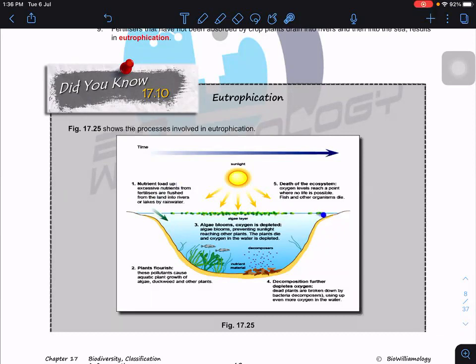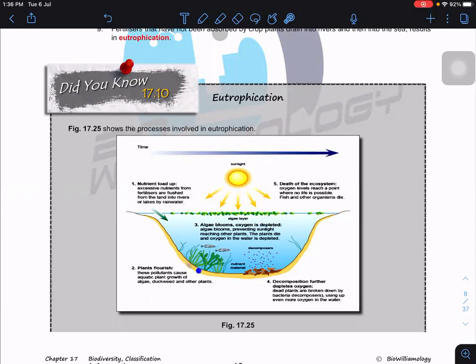This algae is going to cover up the surface and stop the sunlight from penetrating into the water and reaching the aquatic plants. So what will happen? Aquatic plants cannot carry out photosynthesis, therefore they will die. Also, when algae overgrow, some of the algae will die as well.